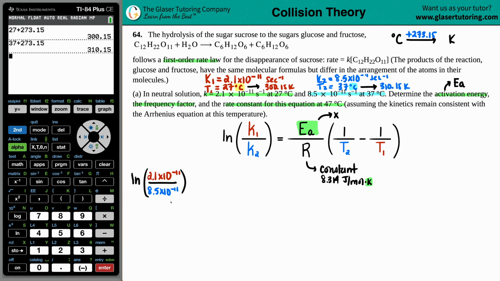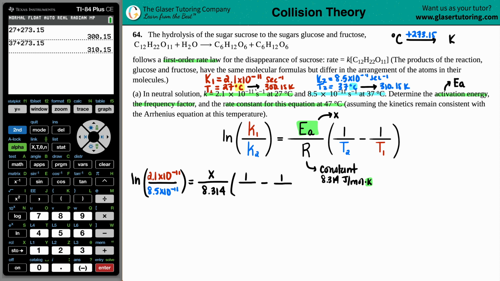And I'm just making sure that those numbers are right. Yes, everything looks good so far. Equals the EA over R, so X over 8.314, and then times 1 over the first temp minus 1 over the second temp.